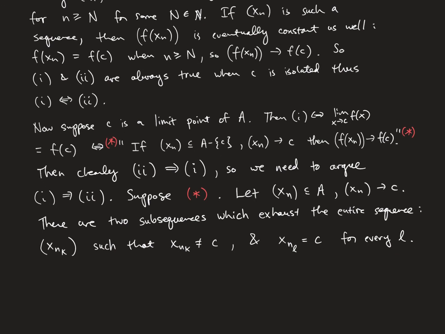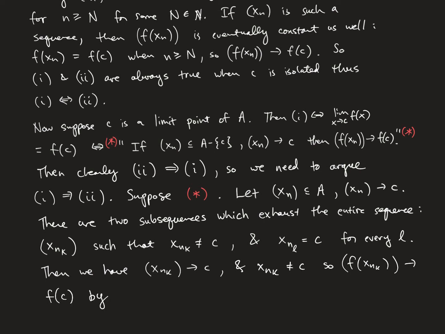So since subsequences converge to the same limit, we have x sub n sub k converges to C, and x sub n sub k is never equal to C. So f of x sub n sub k has to converge to f of C by star.